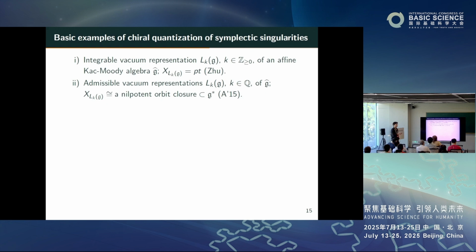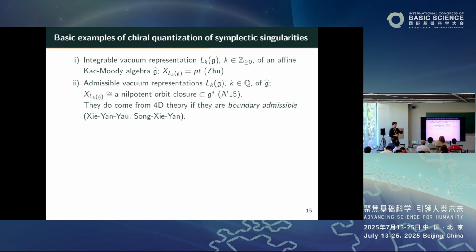This is really similar to the situation of the associated variety of primitive ideals of the enveloping algebra of a finite dimensional Lie algebra. And they do come from 4D theory if they are boundary. Boundary means there are some conditions on the numerator and denominator of these fractional levels, and boundary means the numerator must be as small as possible.